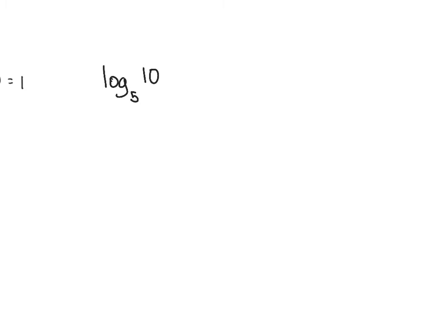Okay, so then we want to expand a little bit, and sometimes I want to do log base 5 of 10. 5 to what power equals 10? I don't know. 5 squared is 25. 5 to the first is 5. So what is this going to be? Since I don't have a log base 5 button in my calculator, we're going to do change of base. It's going to be log 10, put the base in the basement.